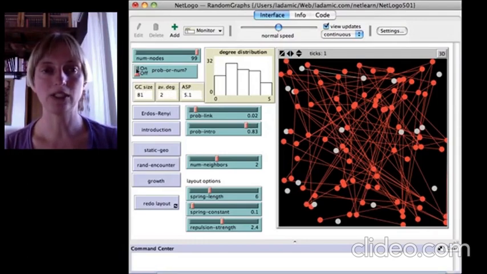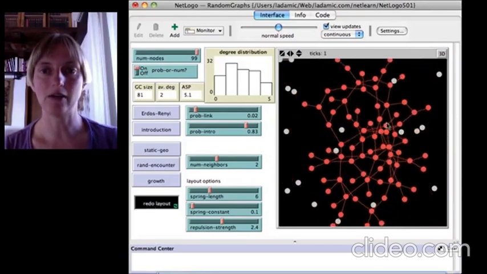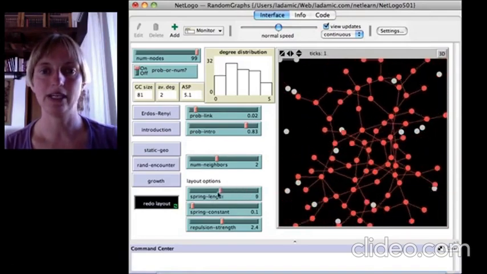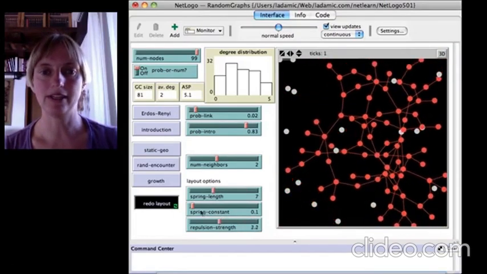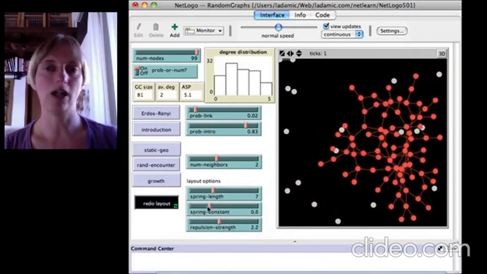So probably you want to start off using probabilities, P, instead of the number, which is the average number of neighbors that you want in your network. And you can lay out this network, and there are some parameters you can change, for example the length of the springs, or the repulsion strength, and even the spring constant, and you can see how all of those work out for you.